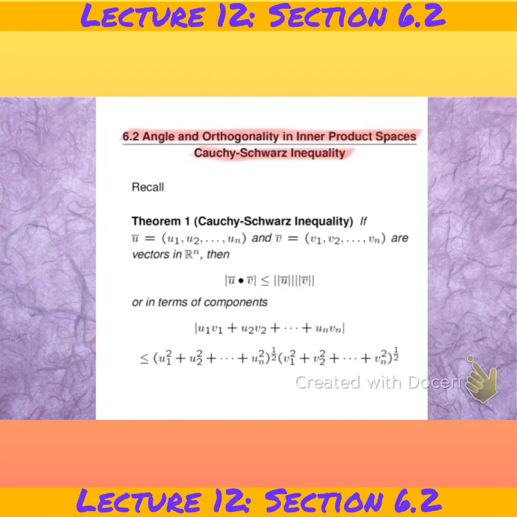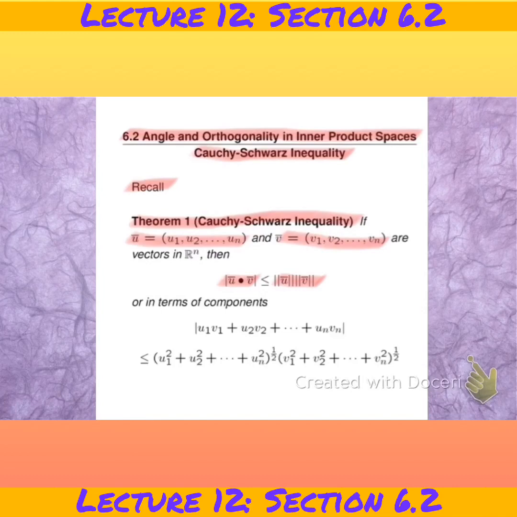Recall that the Cauchy-Schwarz inequality said that if you've got two vectors in Rn, u and v, then you can work out the dot product, which is a real number, and the absolute value of that is at most the norm of u multiplied by the norm of v.